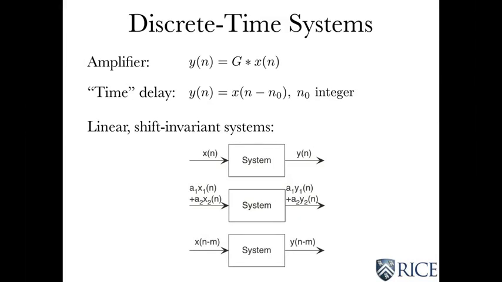If you delay the input by some amount, the output that you get is the original output for the signal that wasn't delayed, and then you just delay that, no matter what delay you pick. The system doesn't change with time. And all the examples that we encountered for linear and time invariant systems apply here to the special case of discrete time. All those examples follow through. So there's really no difference here.